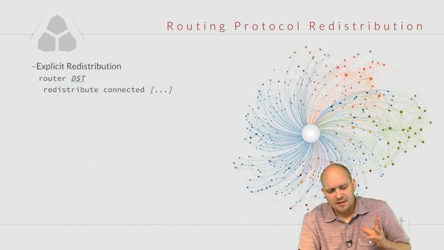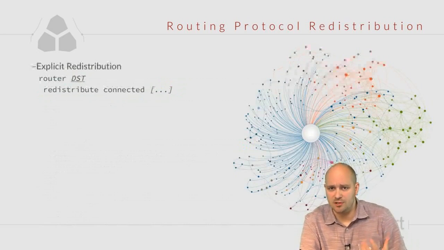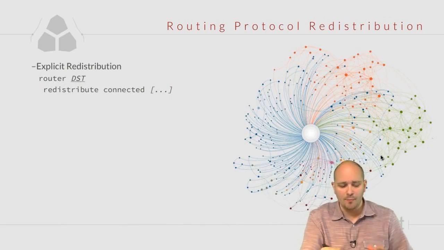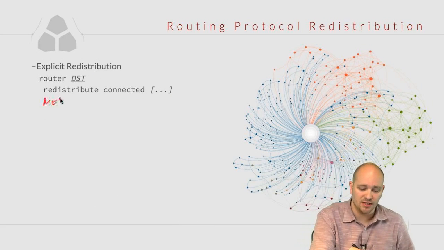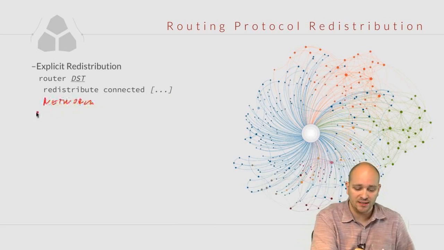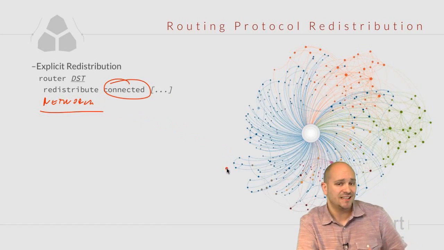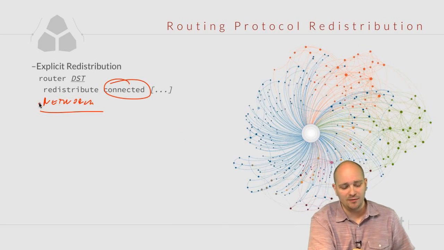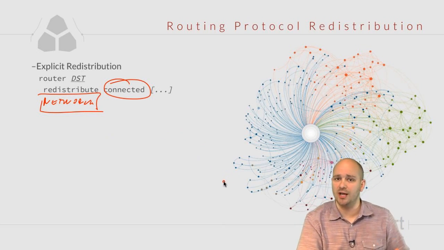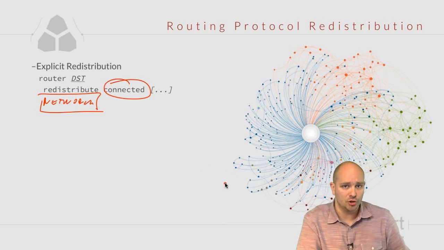Now, this is when we want to redistribute connected routes. Obviously, I'm not talking about using the network statement, which in a sense is also going to inject the connected routes into the routing protocol, but network statements are going to inject the routes as protocol internal routes.